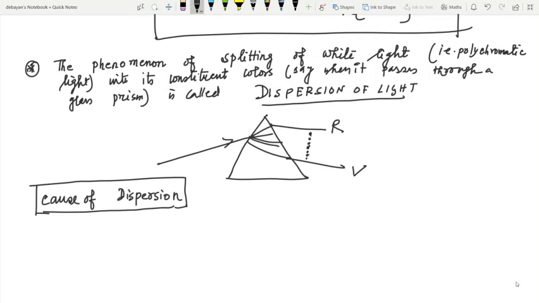No sir. OK, so the cause of dispersion that he said is correct, but that will be described by using Cauchy's formula.